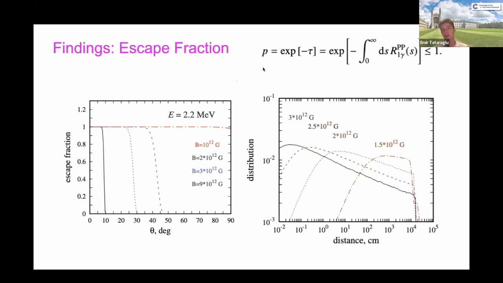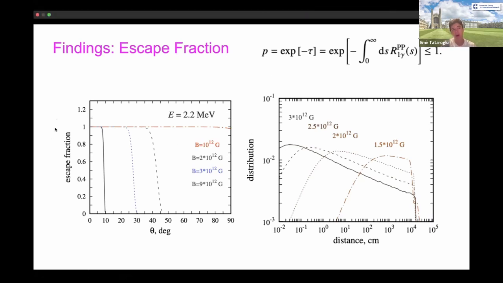And so this big finding is called the escape fraction. On the left, it shows the escape fraction, where the x-axis is the initial angle and the y-axis is the escape fraction.